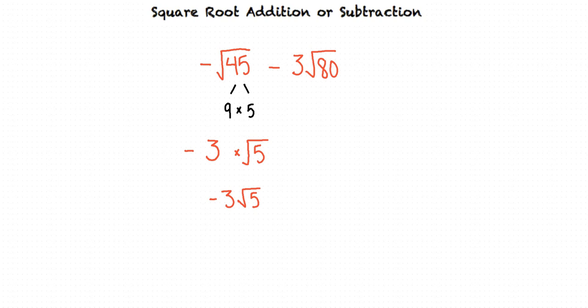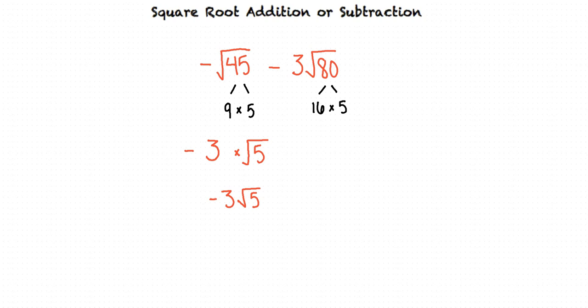Next, to simplify negative 3 square root 80, we look for the greatest factor of 80 that is a perfect square. Well, I know 80 equals 16 times 5, and 16 is a perfect square. Exactly.